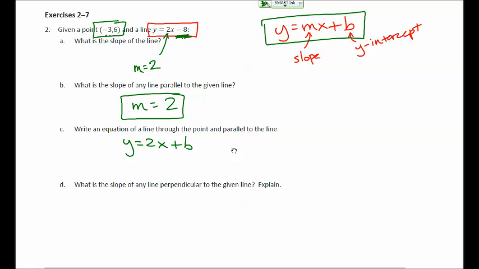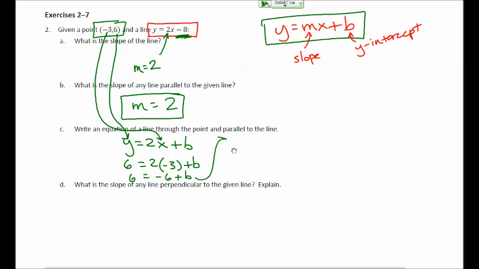So if I plug x into x and y into y, then I have 6 is equal to 2 times negative 3 plus b. And now I'm simply using some algebra to solve for b. 6 is equal to 2 times negative 3, which is negative 6, plus b.